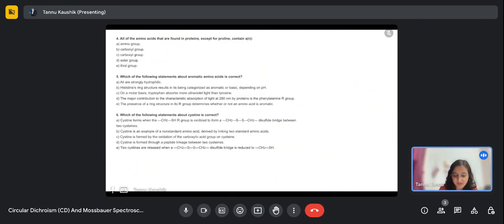So the next question is, all of the amino acids that are found in proteins except for proline contain. So as we discussed, each amino acid has two functional groups which are very common. Which are those?